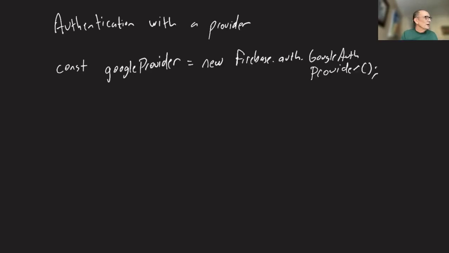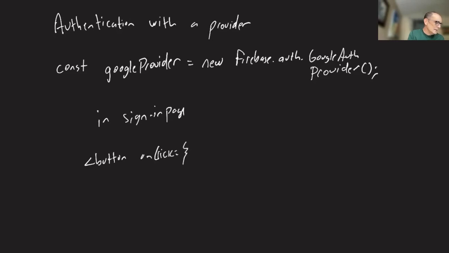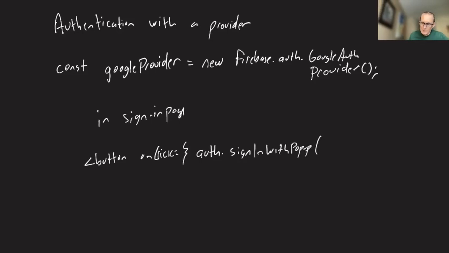So we create a Google provider, and all we really need to do is somewhere in our sign-in page, I will presumably have one button to sign in with an email and password and some other button to sign in with Google. We could basically do a button whose on click is a method on the authorization. And along with that, we pass the provider we want. So we pass the Google provider. You get the idea that there may be other providers supported.